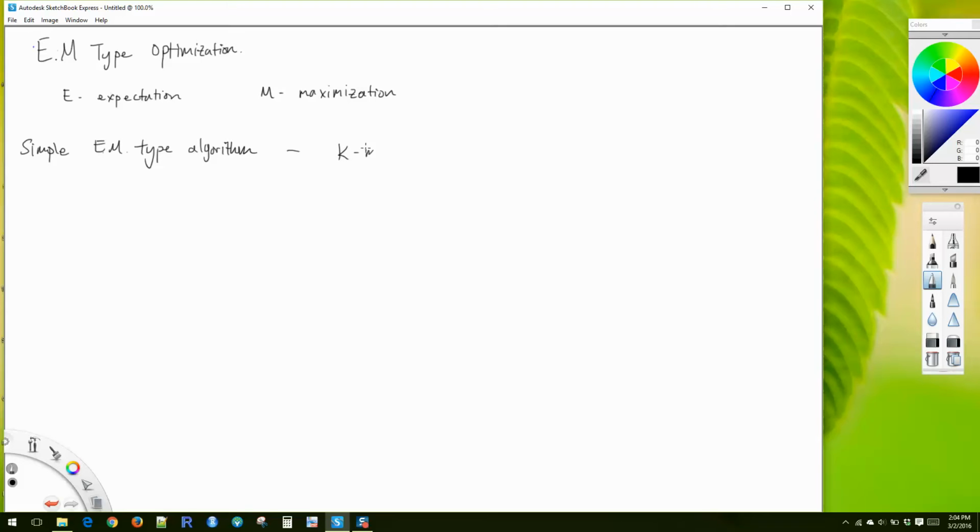Have you guys heard of this before? Maybe? Okay, k-means, that's clustering. Not to be confused with k nearest neighbors.